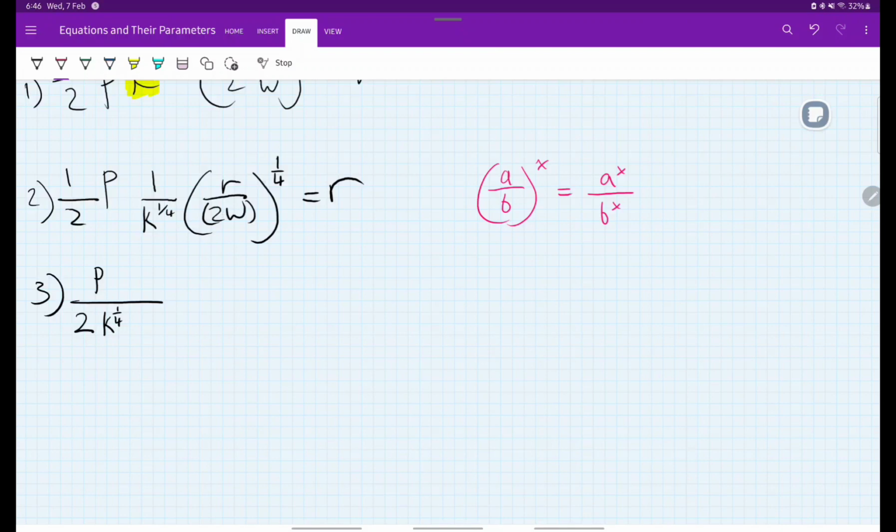That 1/4 will go to the r 1 over 4, and this is why the brackets are important, because it's going to go to that term there and not just to the w, because in the next step is where we will get the problem sorted out.